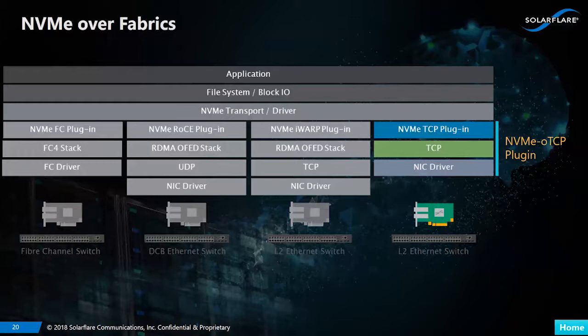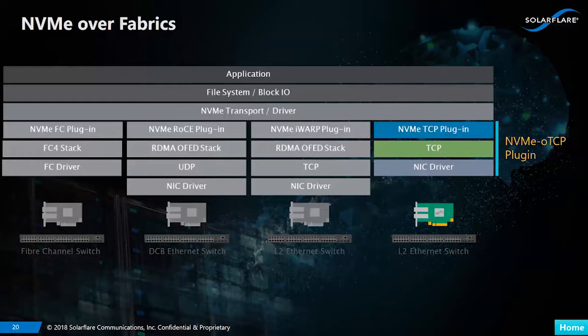I think that's where the real race will be: who can offer the most performant and effective solution for the target side. As I mentioned before, one of the things we excel in is accelerating TCP with our onload solution.